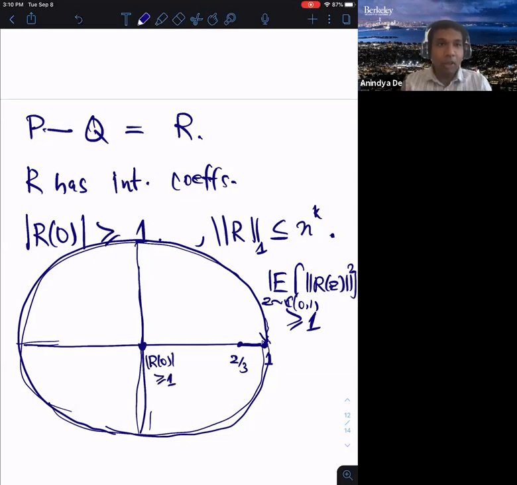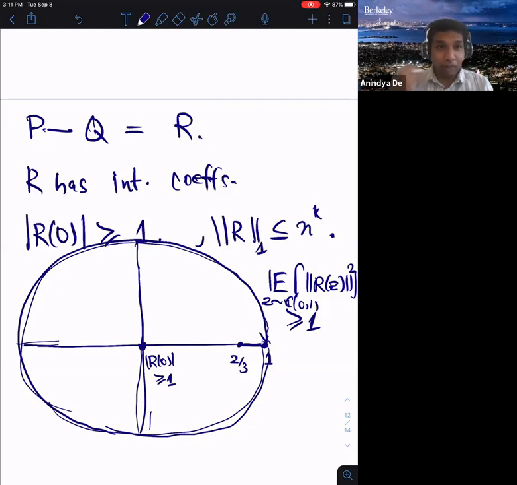So it's a polynomial which has a large value on the periphery on average, and a large value at the center. And the third thing is that this polynomial cannot be super large anywhere in the unit disk, because its L1 norm of coefficients is n to the k. So its value anywhere in the unit circle cannot exceed n to the k.